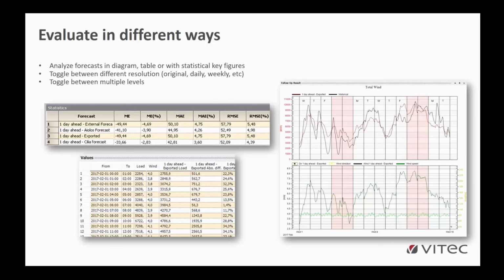And then it's easy to toggle between different resolutions, so you can have the original one if you have it in 60 minute, 5 minute, then daily, weekly, and so on. You can also easily evaluate different levels and toggle between them. So look at not only the forecast series, what it has produced, but also how it compares on the aggregated level. Does it transcend there as well, the same?